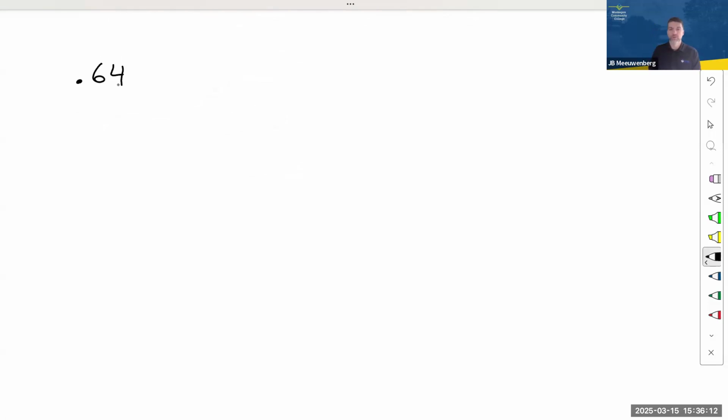This is a decimal number, 0.64, that we would say as 64 hundredths. So it could be written as 64 over 100, which is a fraction, so it is a rational number. Even if we put a whole number out front, 7.283, could that be written as a fraction? Absolutely.